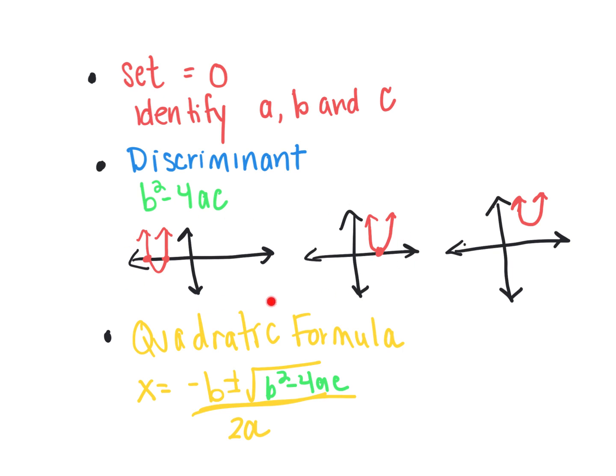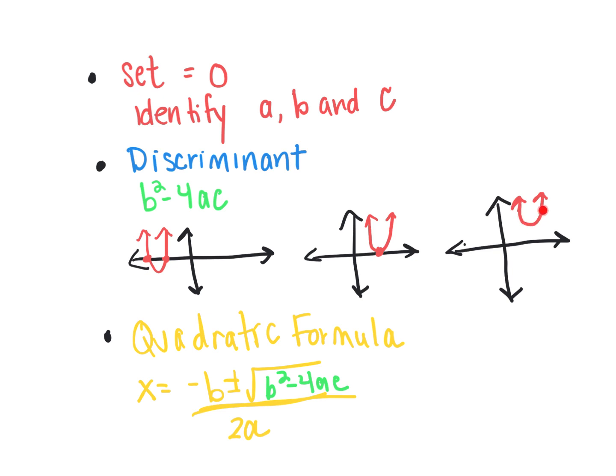Both of these scenarios tell me I must continue on and find out where the x values are using the complete quadratic formula, which we will practice on the next screen. Our third possibility with the discriminant is that it is negative.